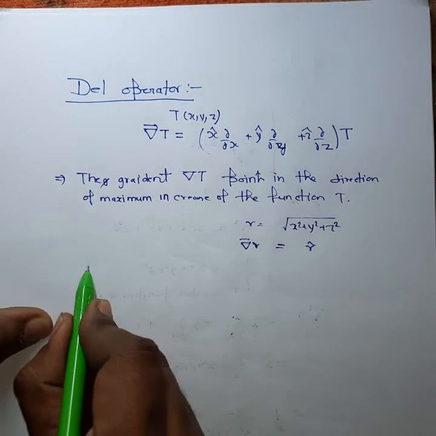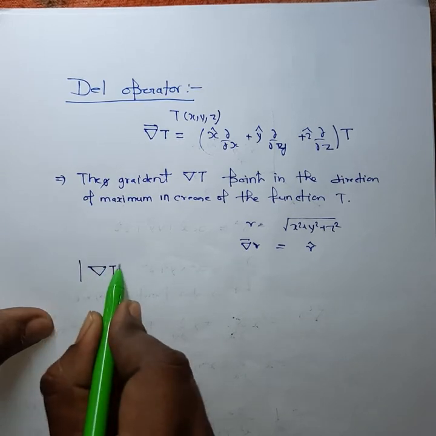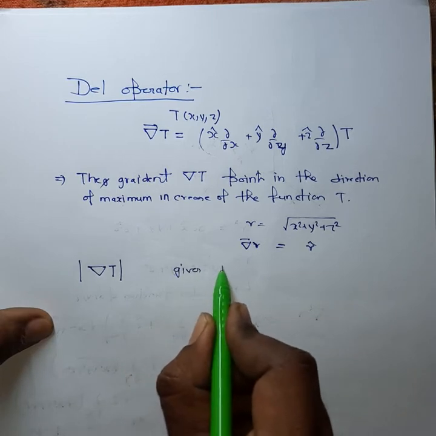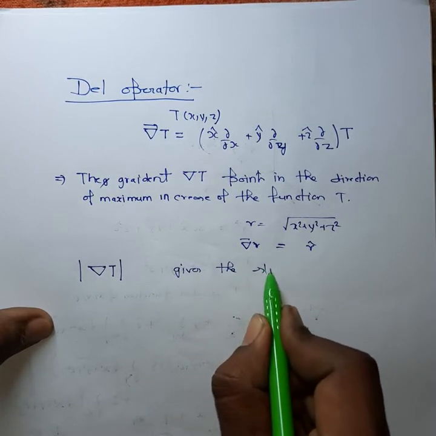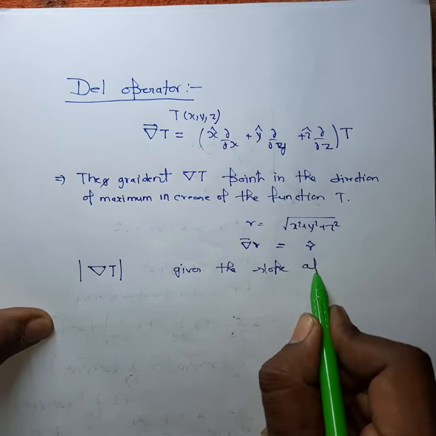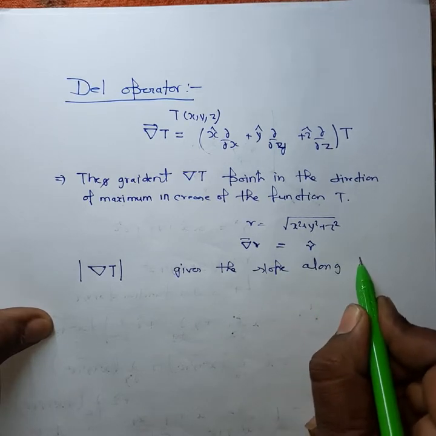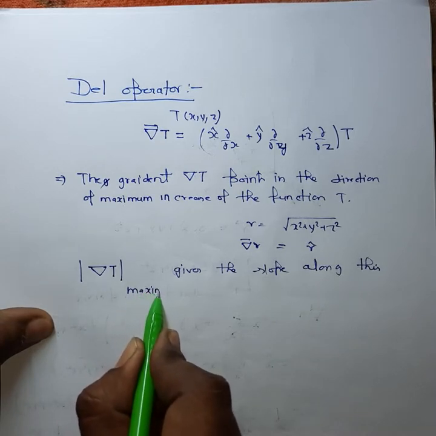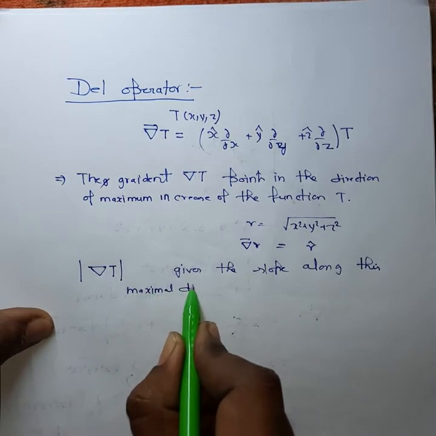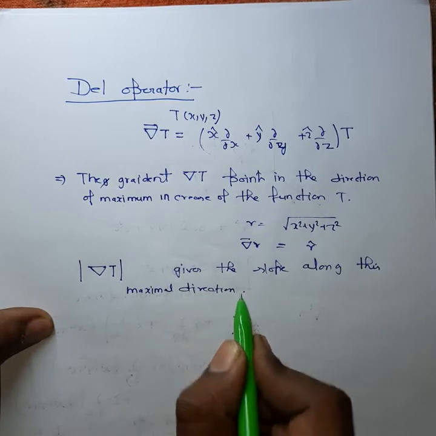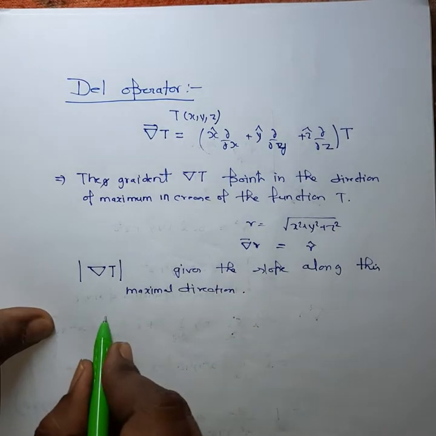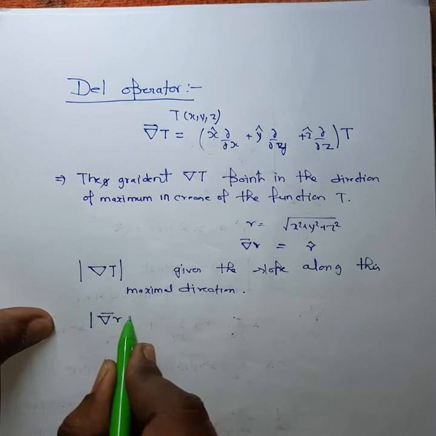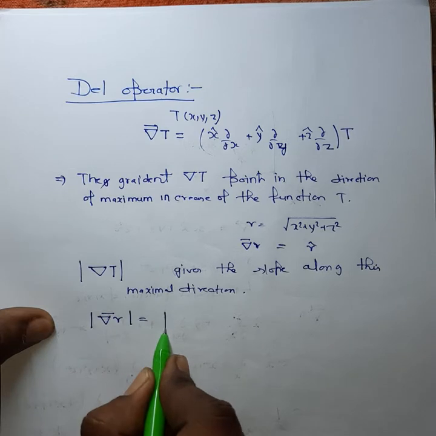And if you take the modulus of gradient of t, it gives the slope along this maximal direction. So the modulus of gradient of r is equal to 1.